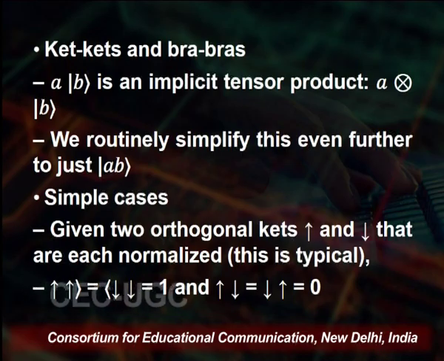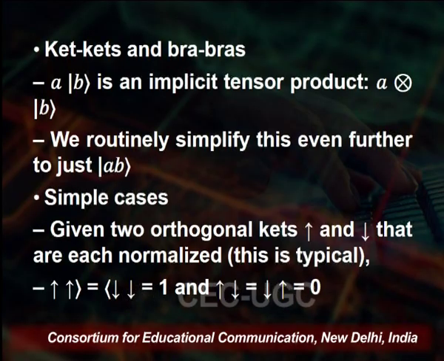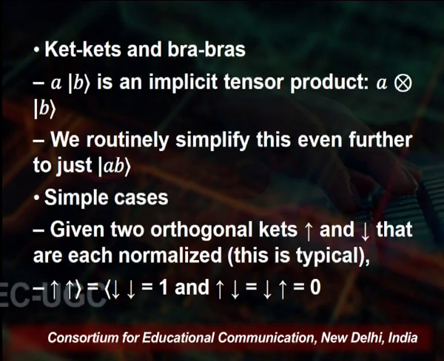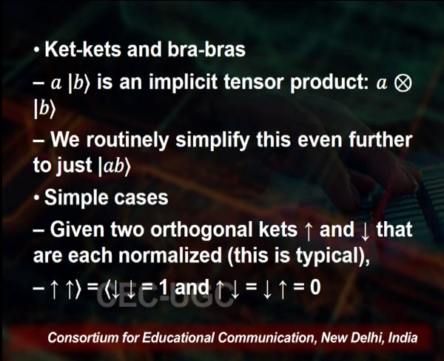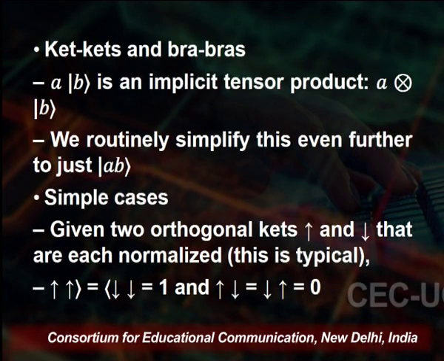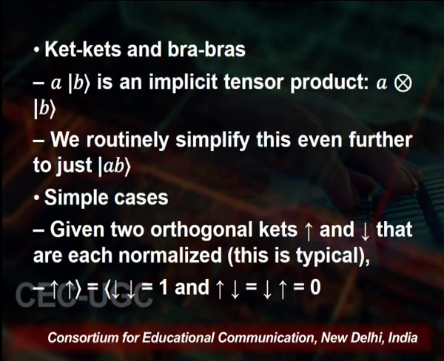So kets and bras can be written as AB, an implicit tensor product. How can we write it as A into B? We routinely adjust AB further for the simple cases.